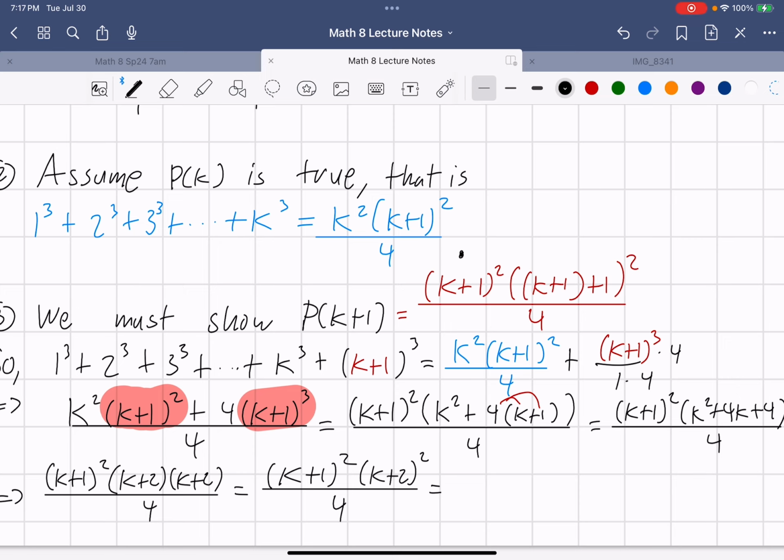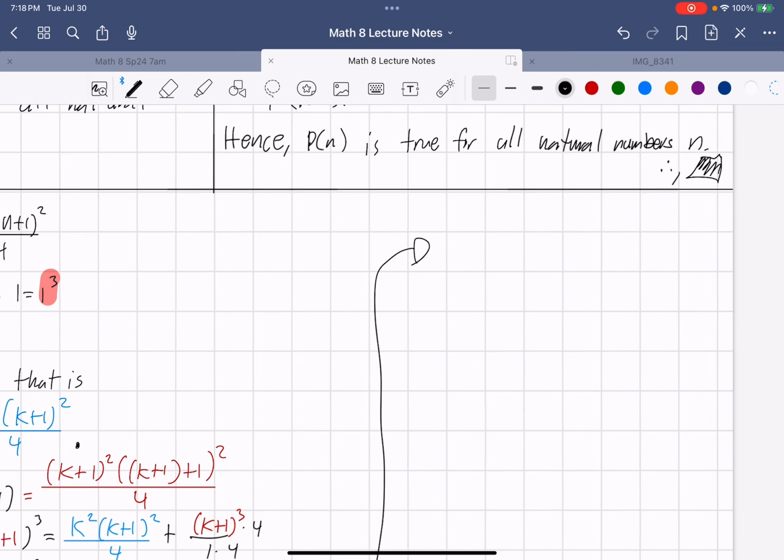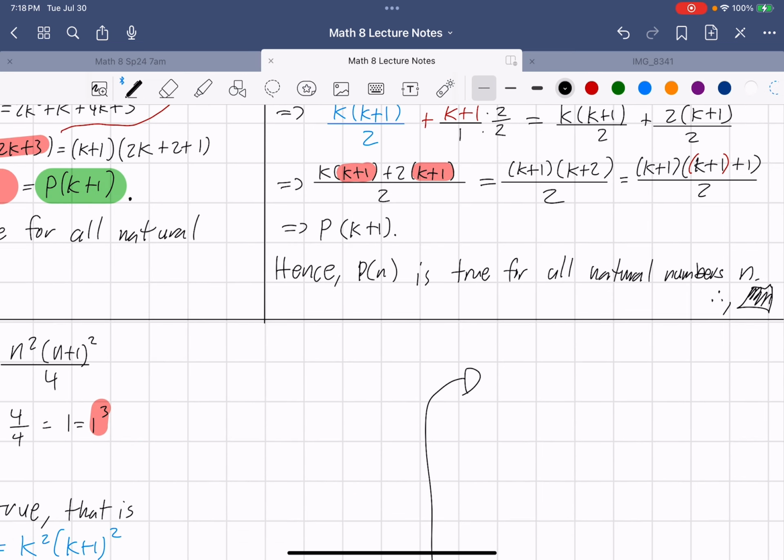And then that's going to give us almost what we want. If you notice here, that 1 and 1 will make that 2. And if I wanted it to look exactly like that, I can rewrite k plus 1 squared, and then that's exactly like P of k plus 1. Now, since I ran out of room, this next part is where I would write pretty much all this.